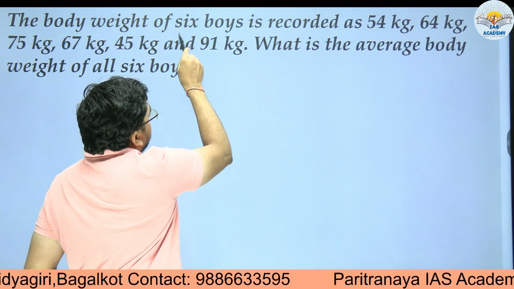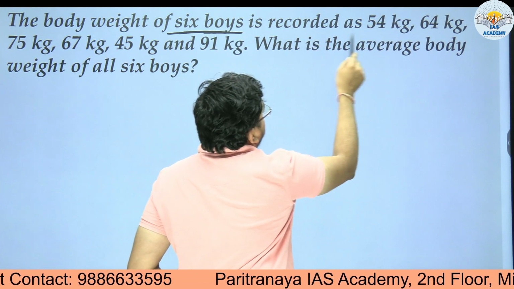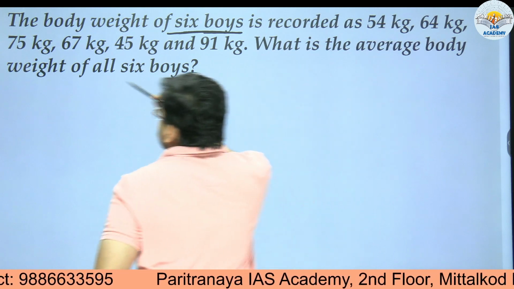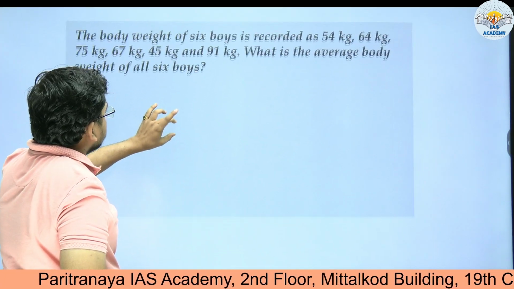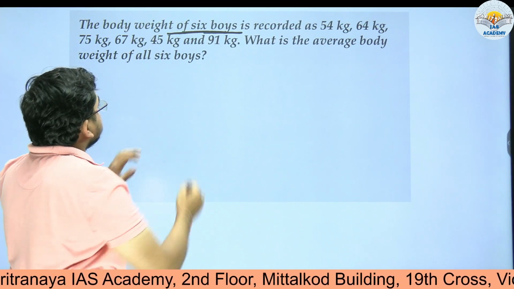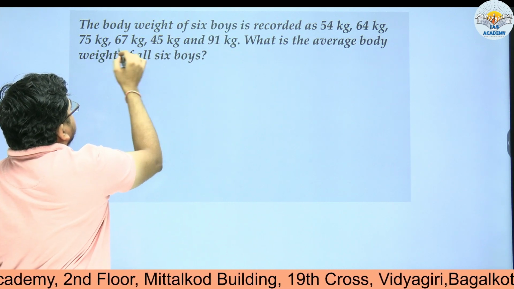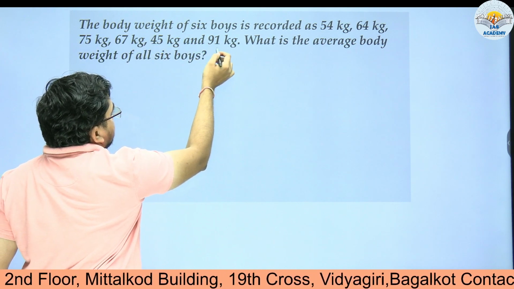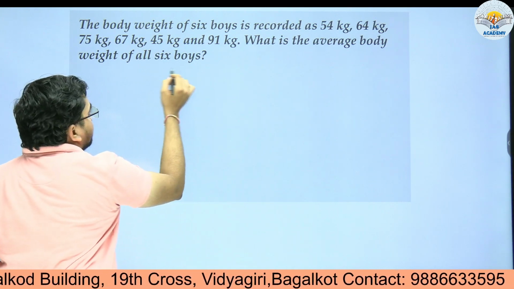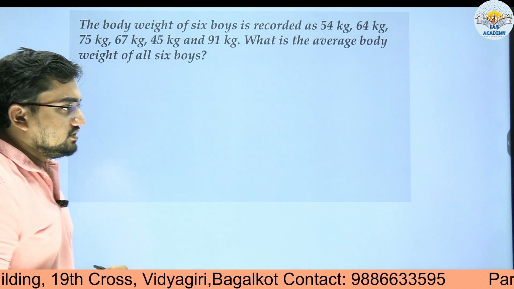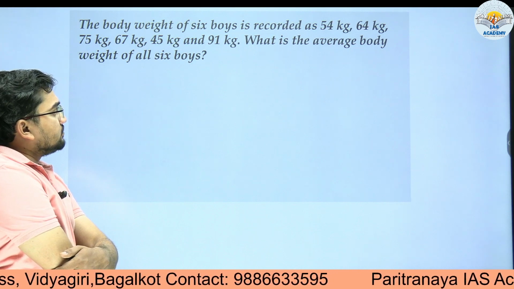They have already given the total number of observations. The body weight of 6 boys is recorded as 54 kg, 64 kg, 75 kg, 67 kg, 45 kg, and 91 kg. What is the average body weight of all 6 boys? Read it once more.